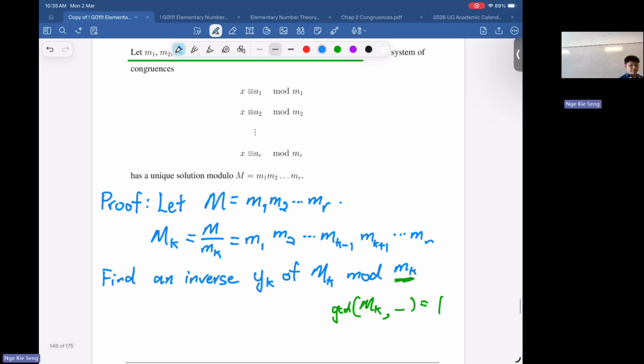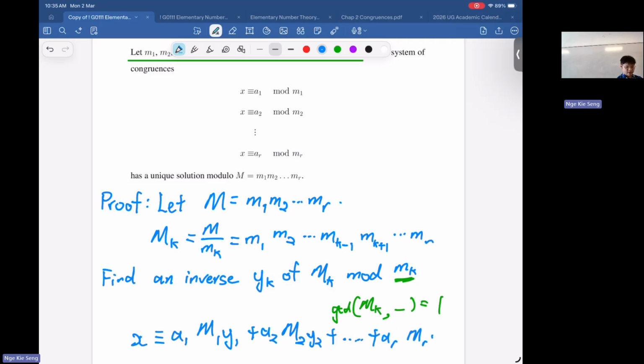Then your solution will be built up by these numbers with the original a's, which is a1 times M1y1 plus a2 times M2y2 plus and so on, up to ar times Mr yr. So your solution is built up by each ai multiplied by this special construction, Mi multiplied with its inverse, and then added up.